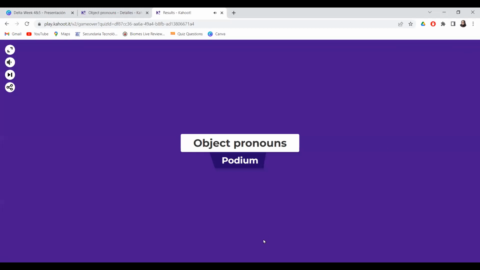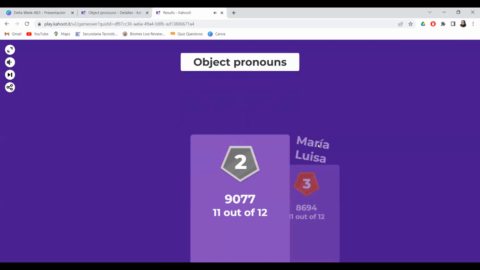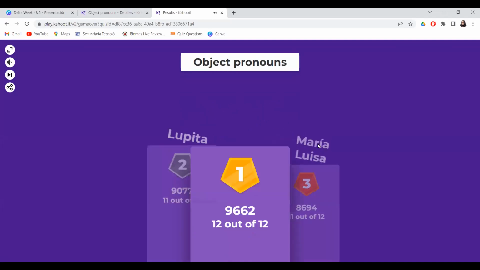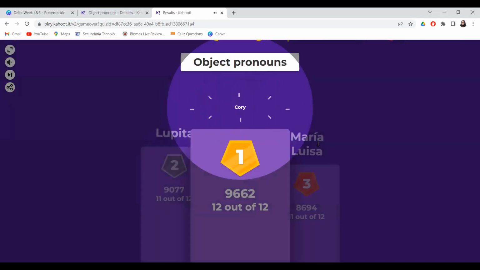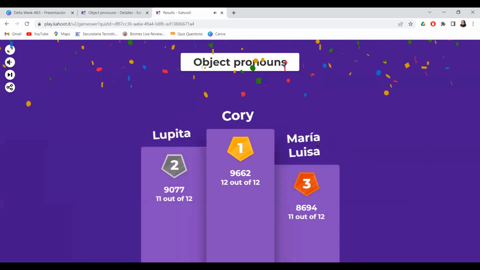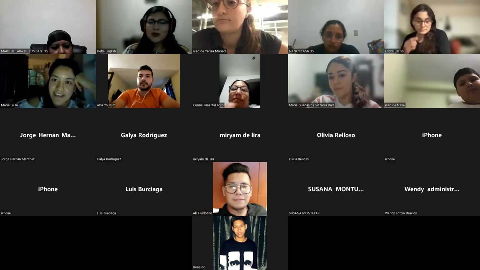Beautiful. So you guys did amazing. But in our podium, we have Maria Luisa, Lupita, and I believe with a perfect score is Cori, if I'm not mistaken. Yes. There we go. So those were the object pronouns, you guys.